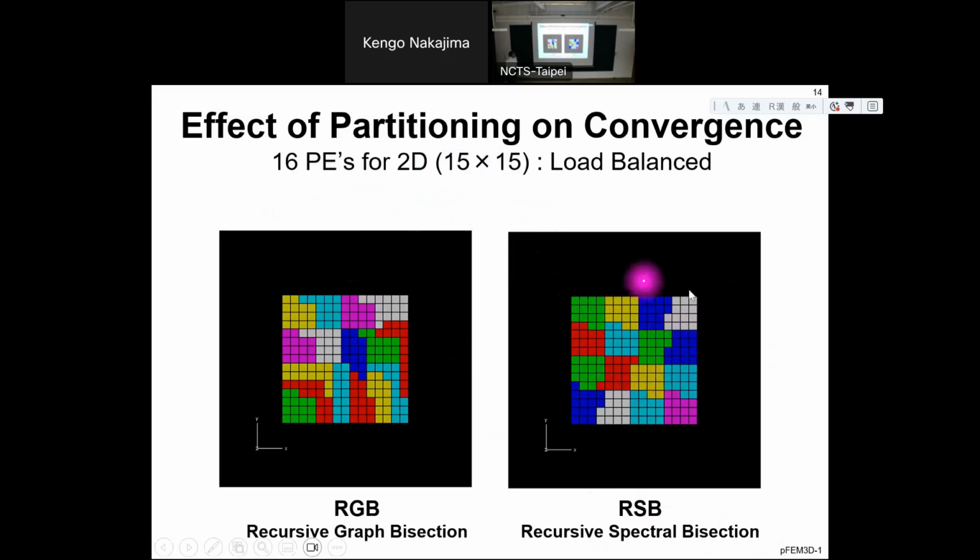But this one is similar to 4 by 4. In contrast, this one is very irregular. You can see these red ones are very thin and not so beautiful. But actually the quality of the partitioning is better for this one, especially from the viewpoint of the edge cut. This one has many edge cuts, and this one has fewer.